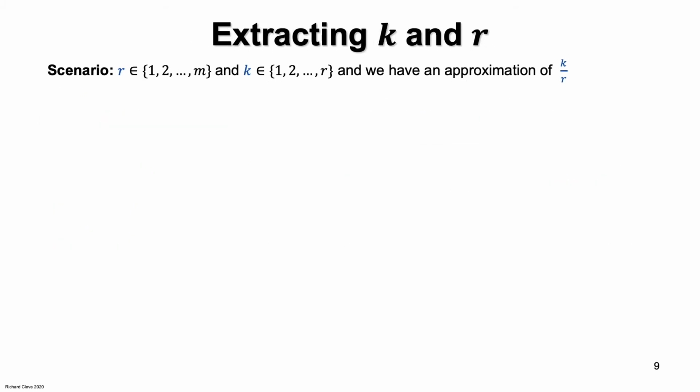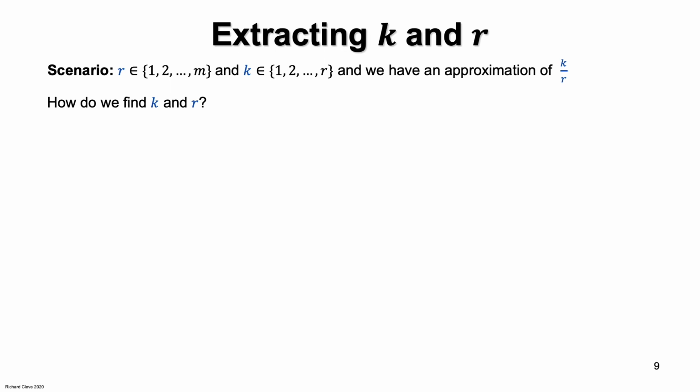Let's consider this problem. R is between 1 and m, and k is between 1 and r. After applying the phase estimation algorithm to psi k, we are given an approximation of the rational number k over r, and we want to figure out what k and r are.